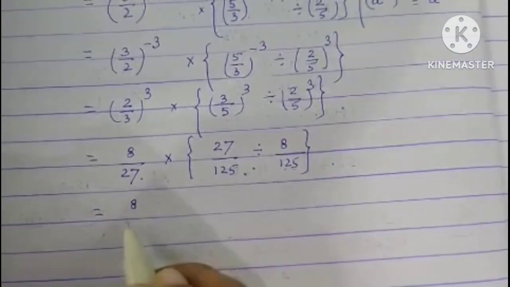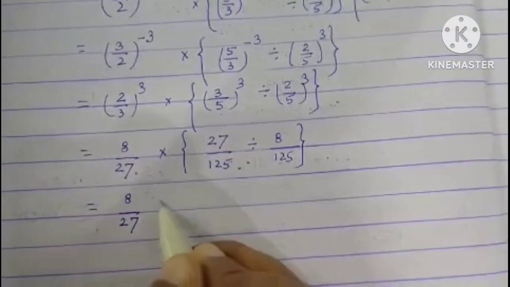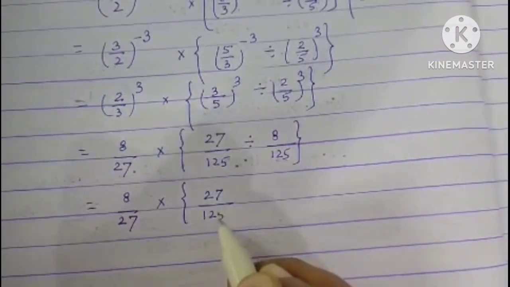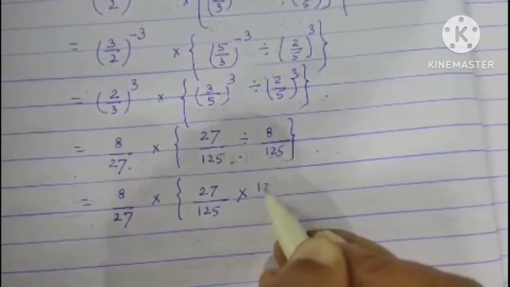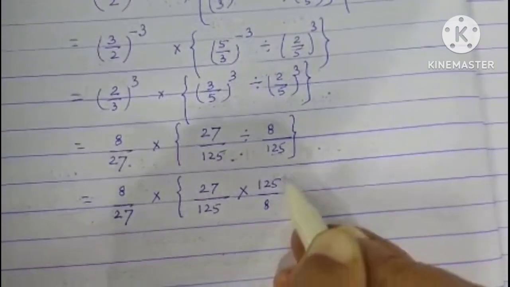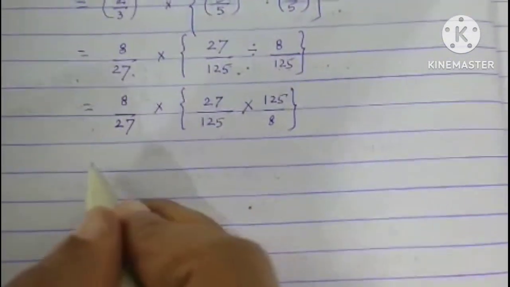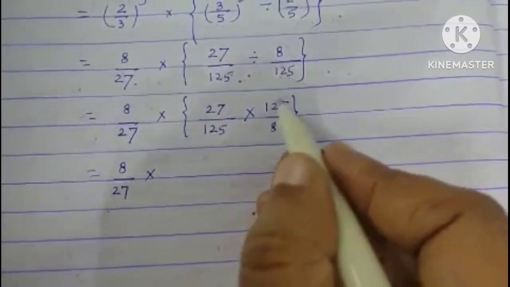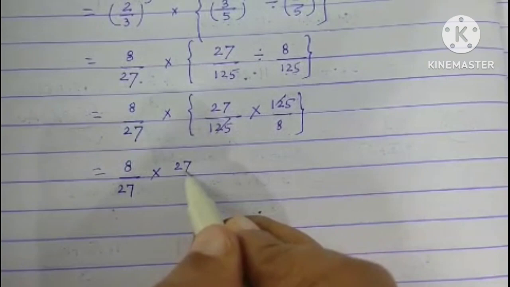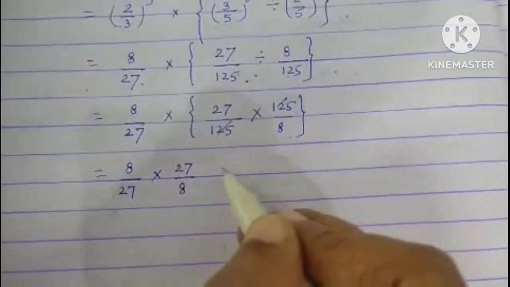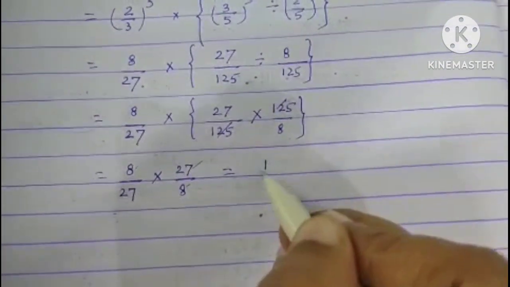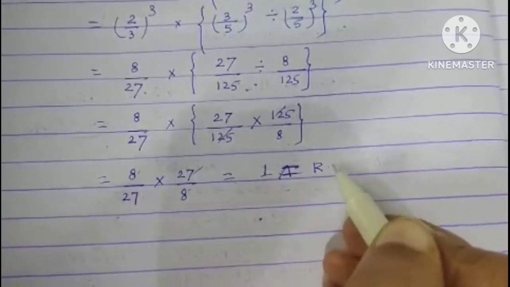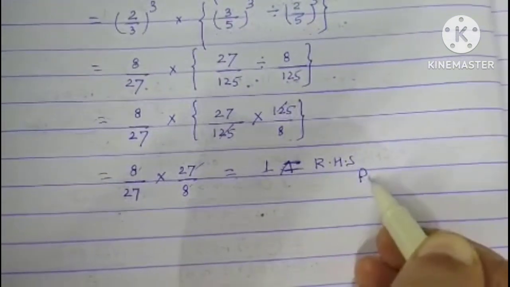Okay, so 8 by 27 multiplied by 27 by 125 divided by 125 by 8. Clear? That is equal to 8 by 27 multiplied by 27 by 8. So the value will be 1, and that was our RHS, right hand side. So it is proved.